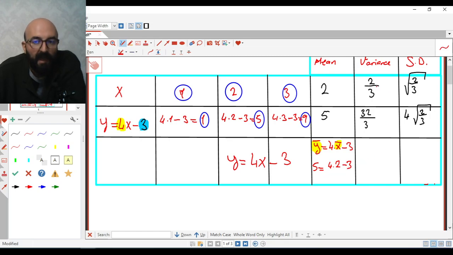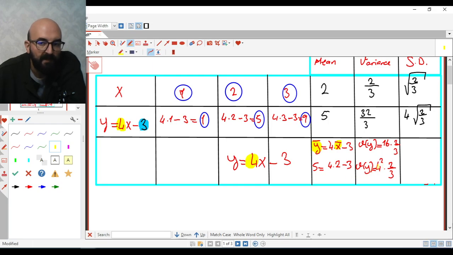Okay, and the variance of y is 32 over 3, and 32 over 3 means 16 multiply 2 over 3. So the variance of y means 4 square multiply 2 over 3. 4 is the factor of x.